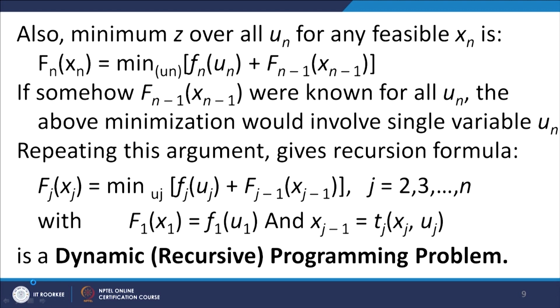Like this, by repeating this argument we can get a recursive formula as follows: F j x j is equal to the minimum over u j of f j u j plus F j minus 1 x j minus 1, where j goes from 2, 3 up to n. Note that 1 is not to be written here, with the condition that F 1 x 1 is equal to f 1 u 1 and x j minus 1 is equal to t j x j u j.